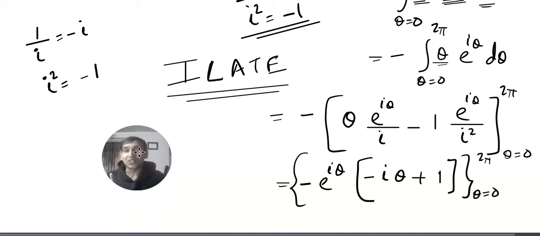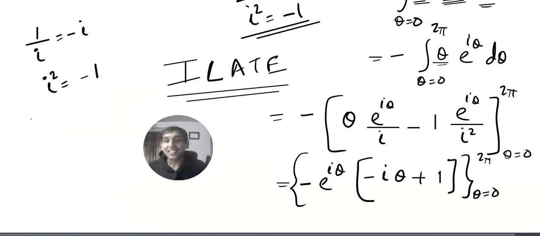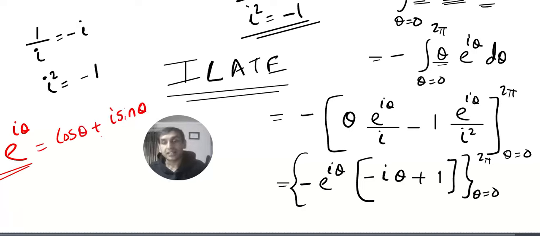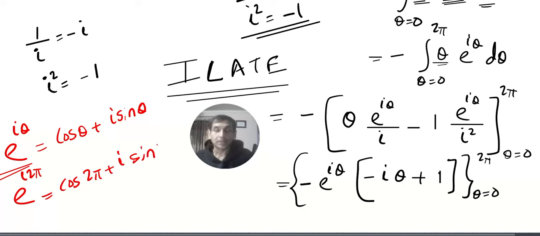One last question. If you can answer, it will be very nice. What is e power i theta? We learned in the first video in complex, polar form. This is cos theta plus i sin theta. So what is e to the power i into 2 pi? That will be cos 2 pi plus i sin 2 pi.